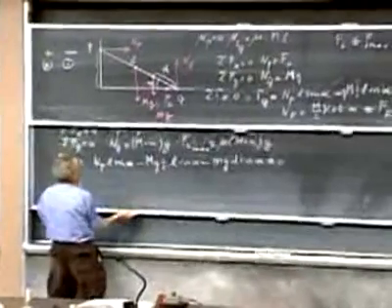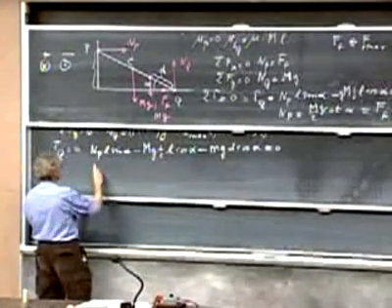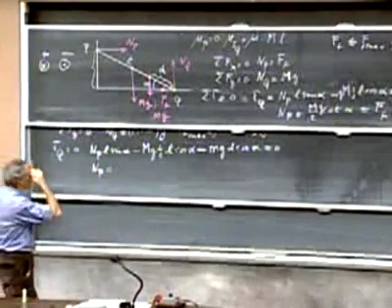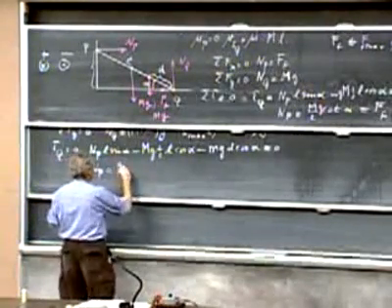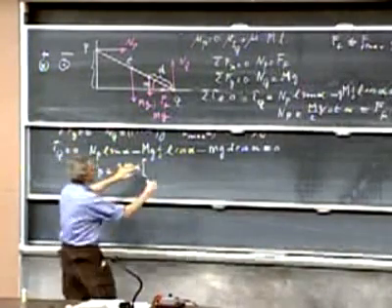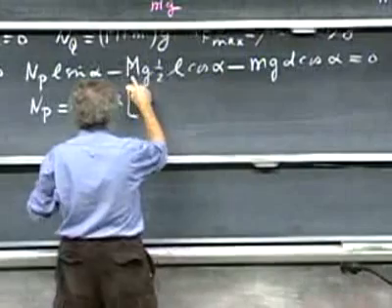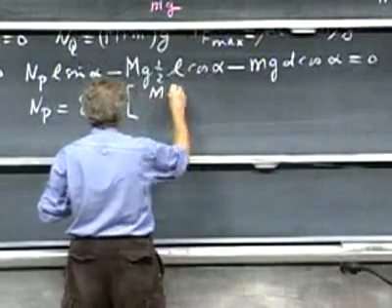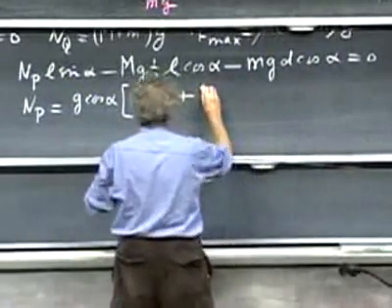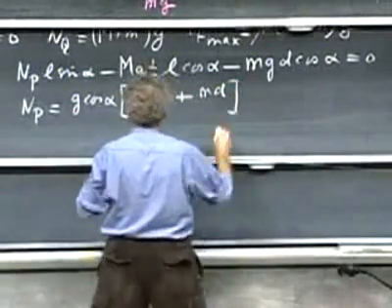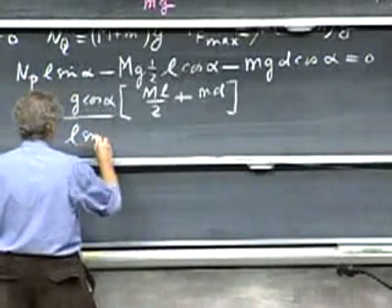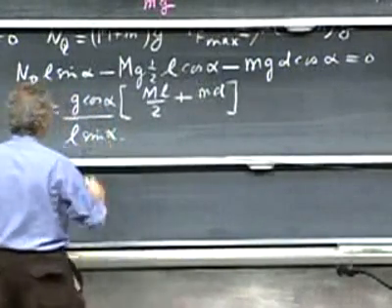So I'm going to take N of P out of here. I can take g cosine alpha out. So if I take g cosine alpha out, I have ML divided by 2 left over, plus little md. And then I have to divide by L sine theta. Not theta, but alpha.